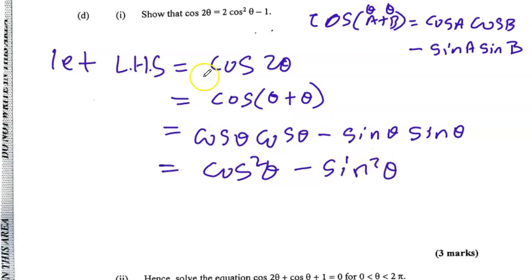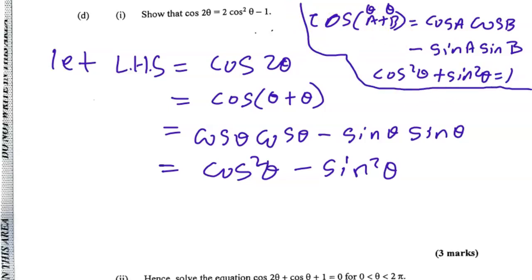Now you will recall another identity, the Pythagorean identity, that says cos square theta plus sin square theta is equal to 1. Let me just separate these. So we can replace sin square. From this identity, if we transpose, sin square theta would be 1 minus cos square theta.